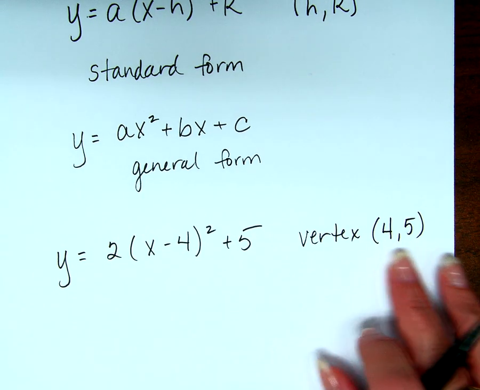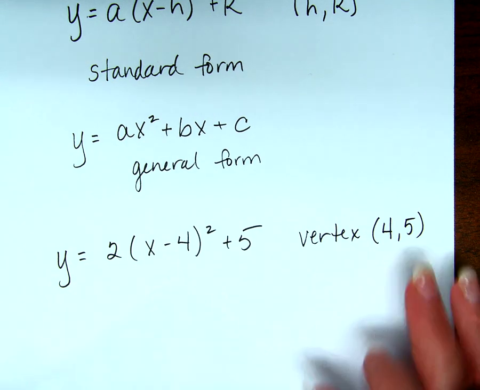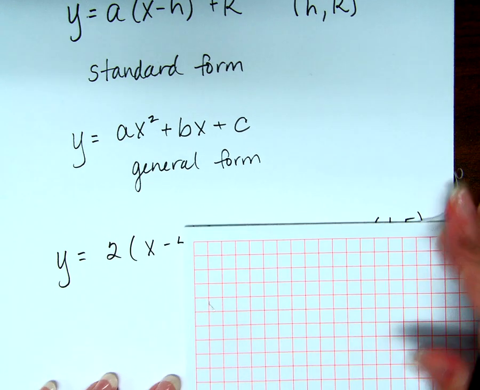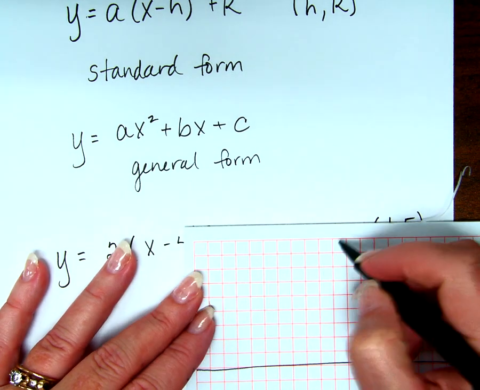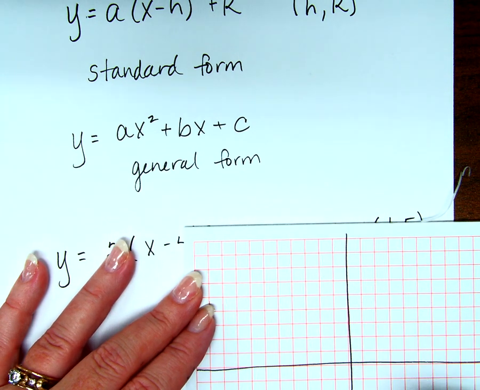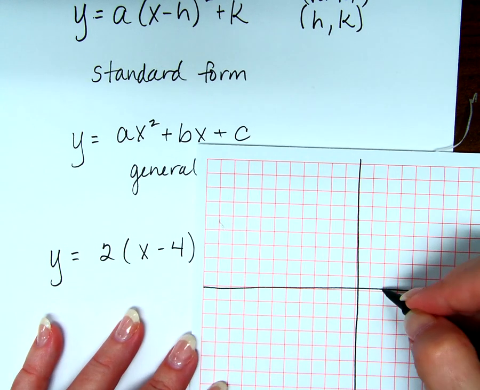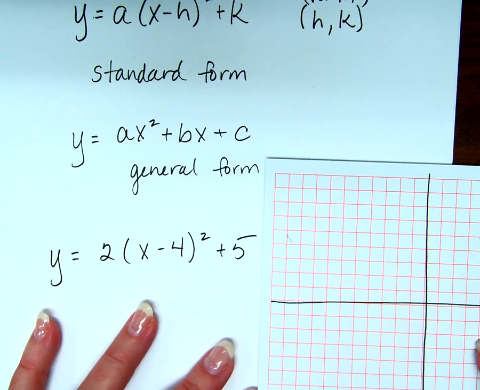So could you find the vertex? Yes, right? Could you graph this parabola? X-axis and y-axis. Where's the vertex again? 4, 5. 1, 2, 3, 4. 1, 2, 3, 4, 5. Does this open up or down?